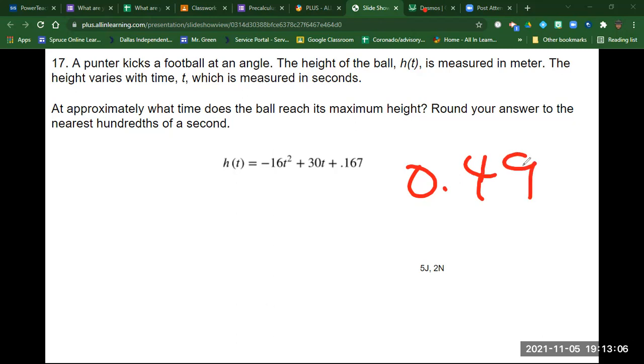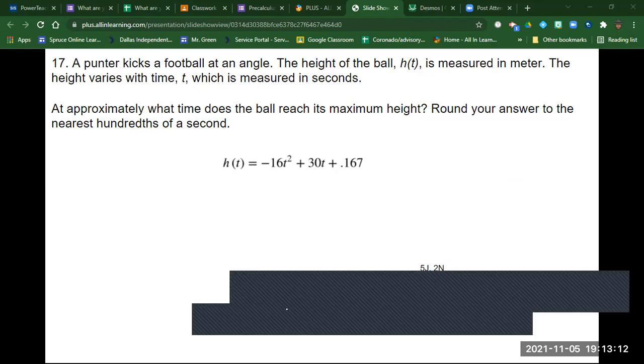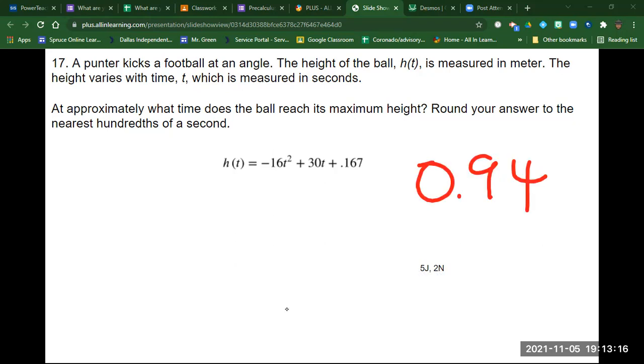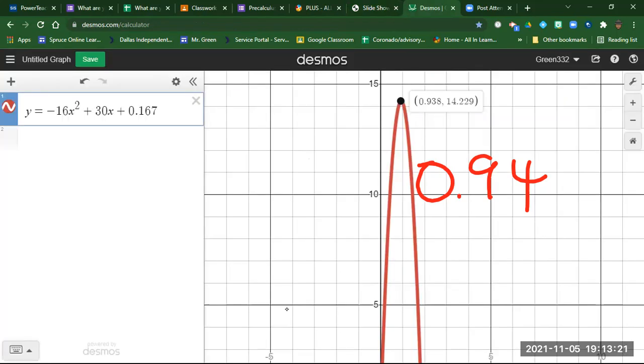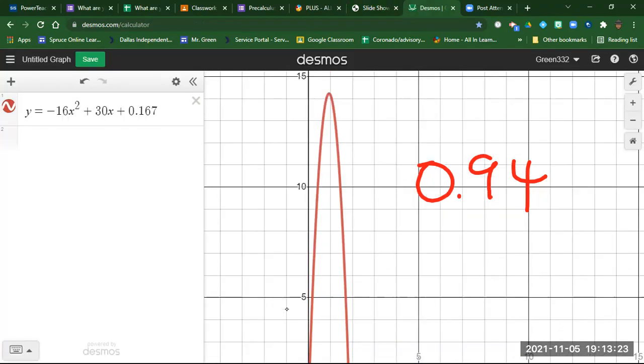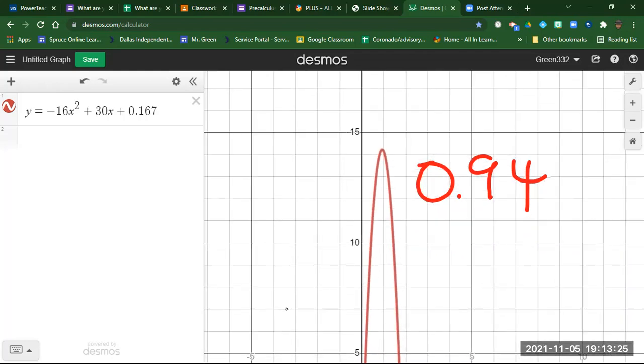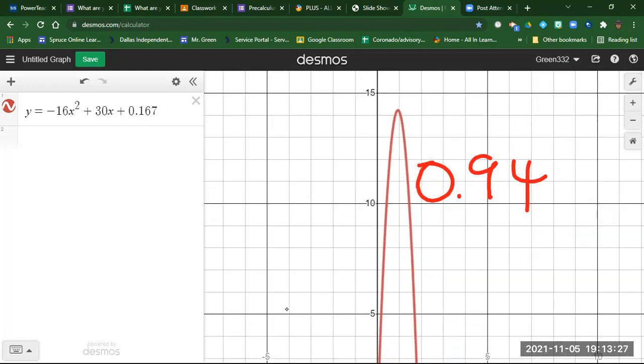No, backwards. So not that. Here, clear that. It is 0.94. Okay? And why is it that? Because of that graph right there. There it is, 0.94. You're only looking at the x value. That's what you're looking at.